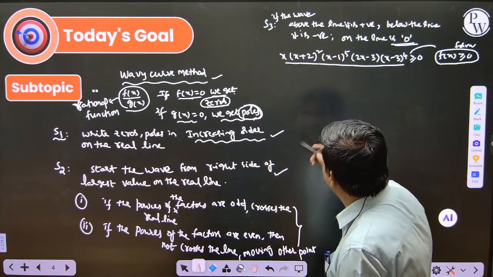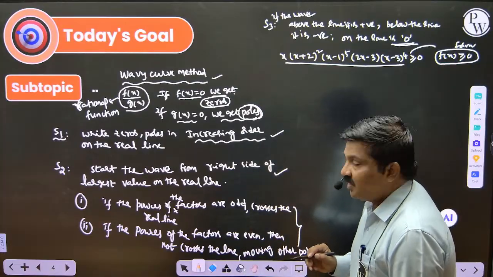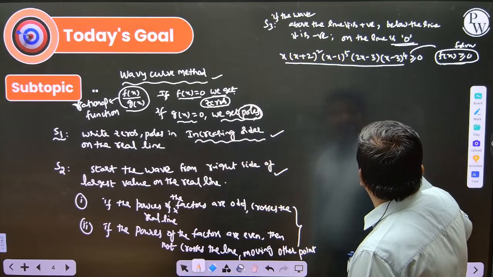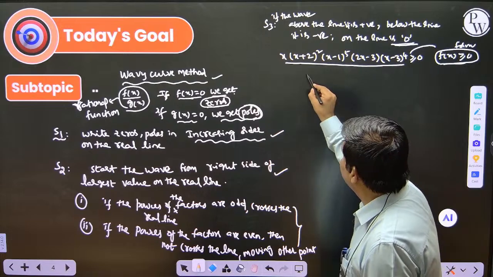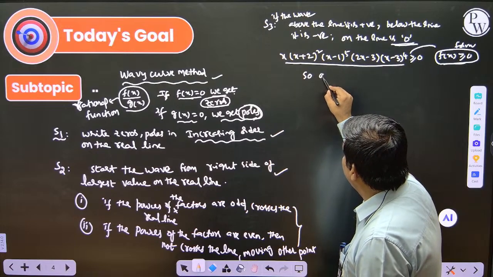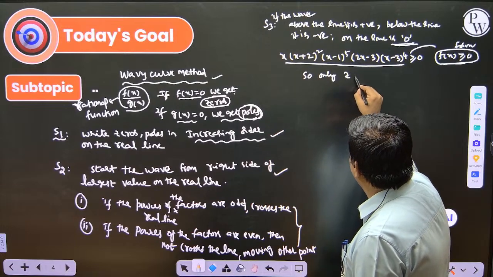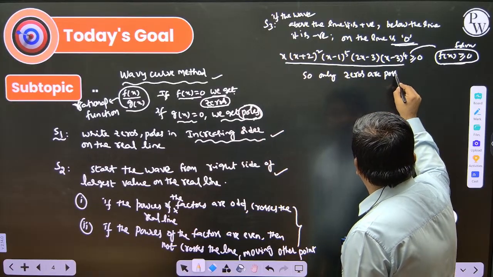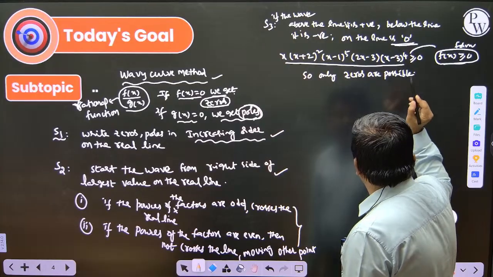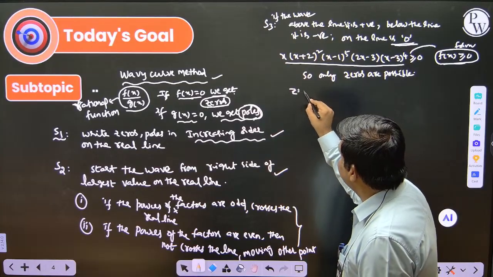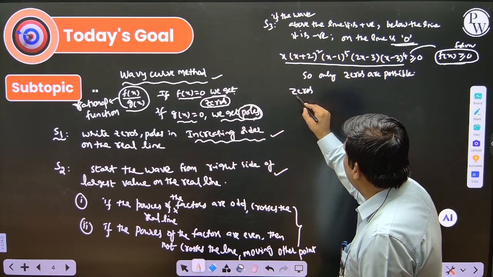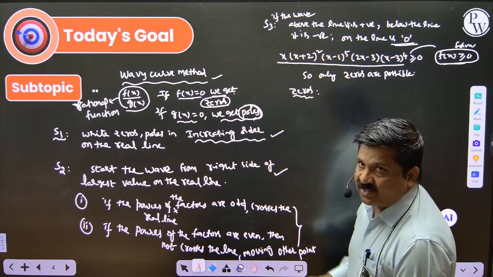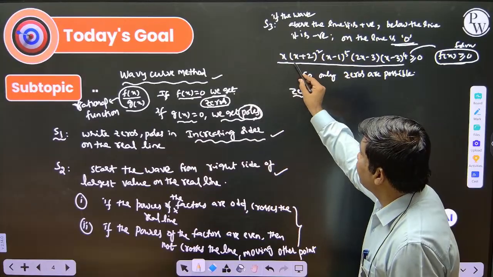But this is not a rational function. This is only in the form f of x greater than or equal to 0. So only zeros are possible. How do you get the zeros? To get these zeros, equate each factor to 0.